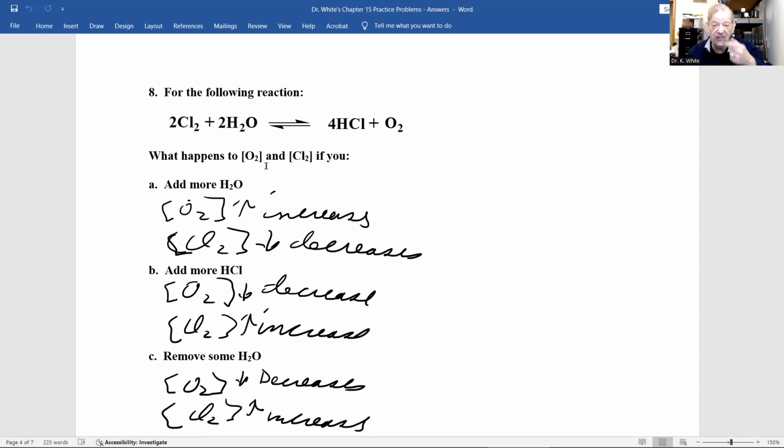If you have 2 cookies and eat one, how many cookies do you have? Less, 1. That's how you drop down the number of cookies, by eating or consuming it. Same thing. To get the lower concentration of water, because we added more and made it too high, the equilibrium will shift this way and make more of this and this. And that's why this increases, and that's why that decreases.